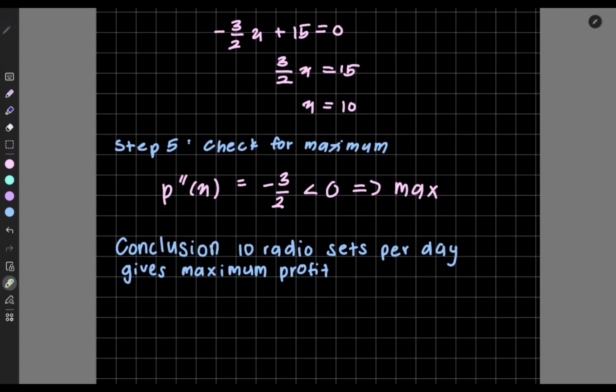Now you just substitute x equal to 10 in the second derivative, and then the answer will be negative 3 over 2. That's less than 0, so it is a maximum point. Conclusion: 10 ratio sets per day give maximum profit.